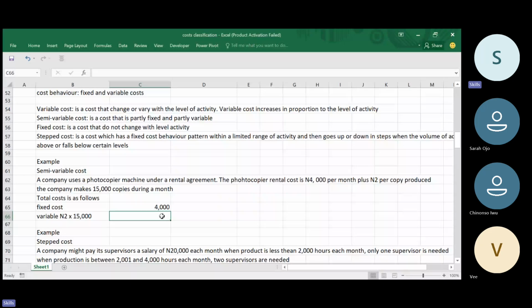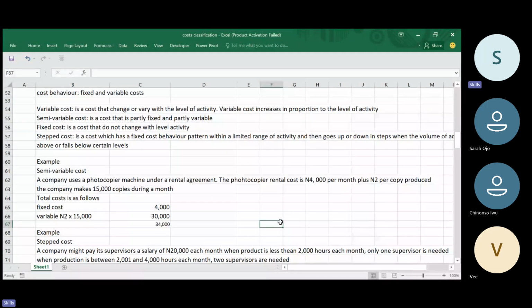So 2 times 15,000 gives us 30,000. 4,000 plus 30,000 will be 34,000.